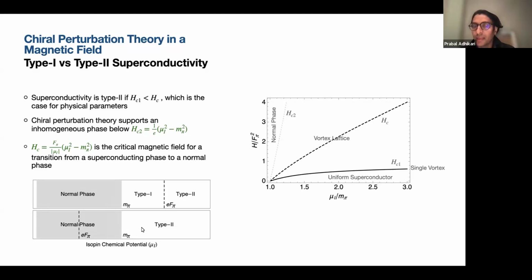If that's cheaper, then that's the phase that exists in the phase diagram of QCD. If that's more expensive, then the normal phase exists. So the game we are playing is: let's assume this phase exists, compute its Gibbs free energy, and ask in what part of the phase diagram the Gibbs free energy is actually lower. Does that answer your question?